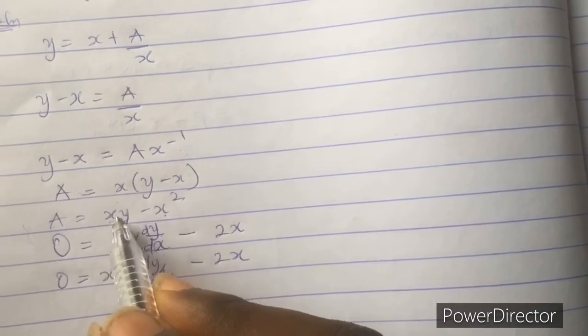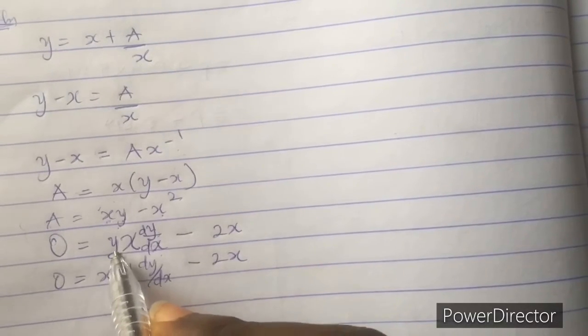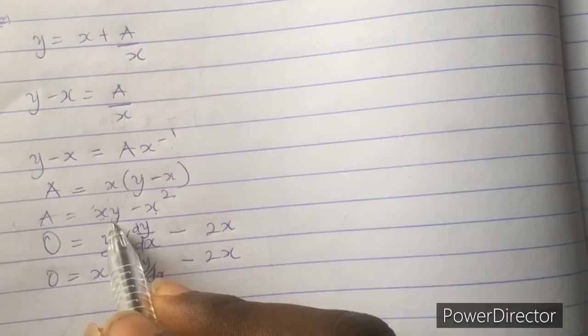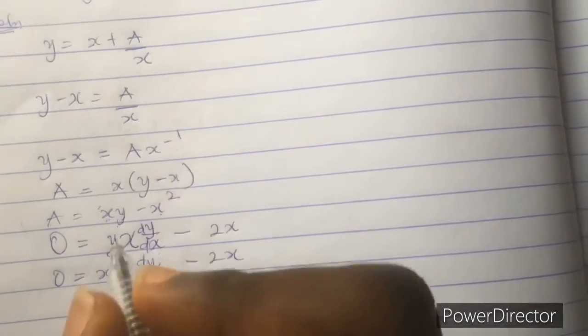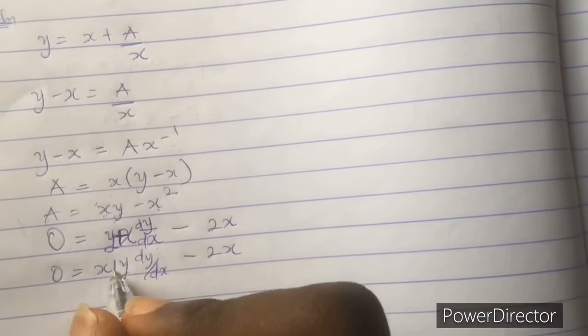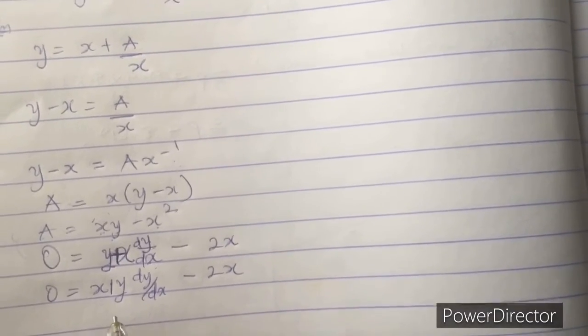After you differentiate x, it will remain y, and after you differentiate your y, it will remain x dy/dx. So there's an addition sign in between them. I hope you get that.